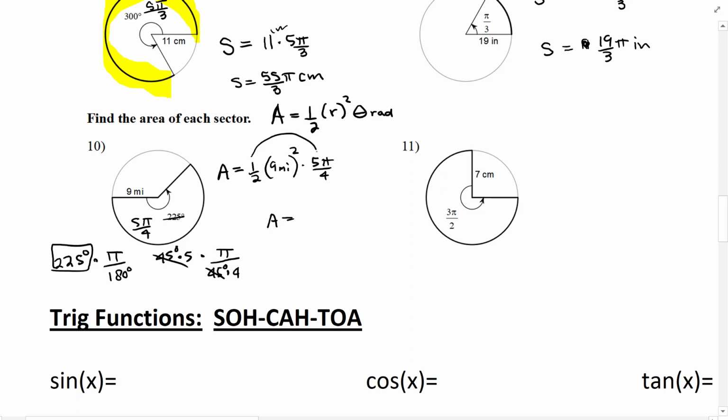I'm going to multiply these two together first, and that gives me 5 pi over 8. Now I'm going to square the inside, so that is 81 miles squared.